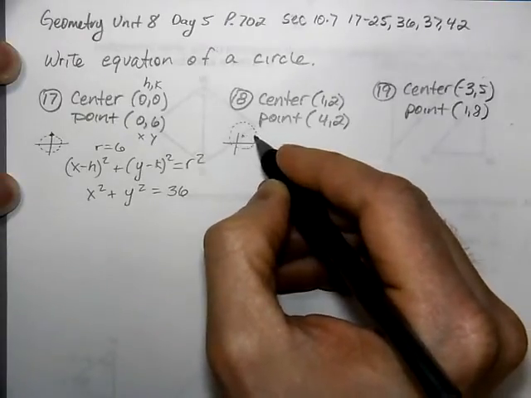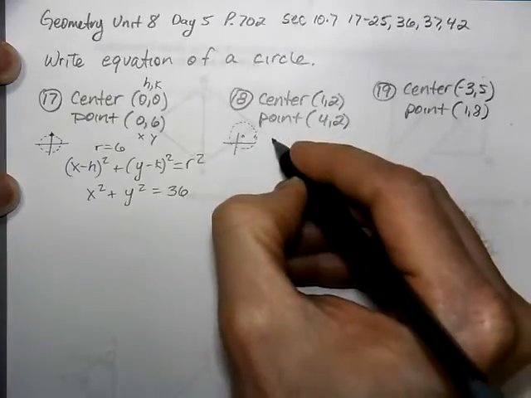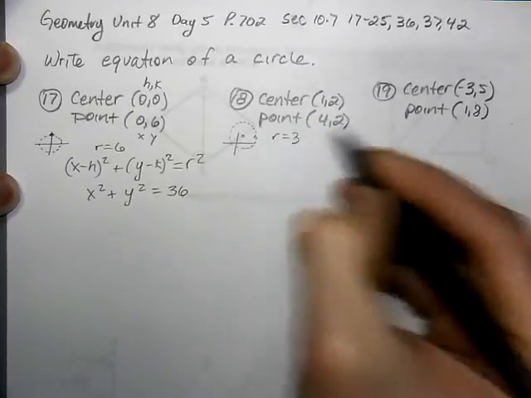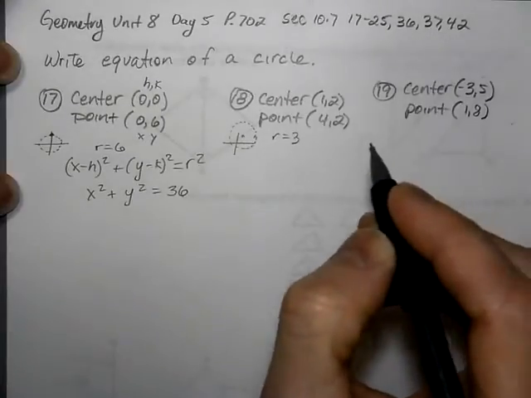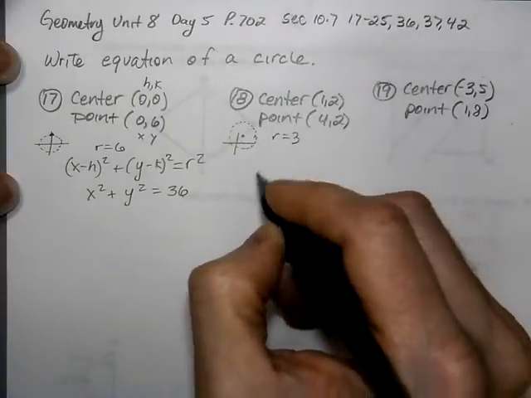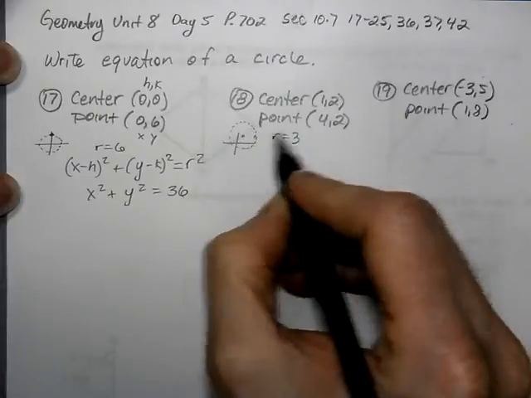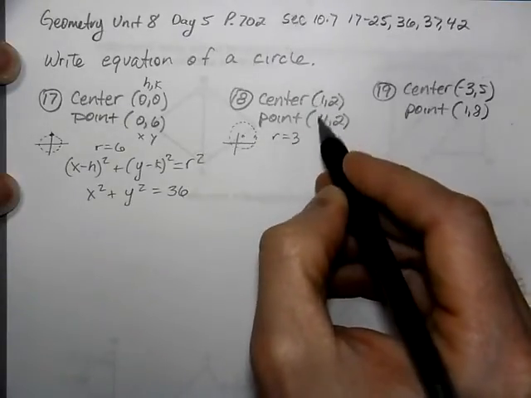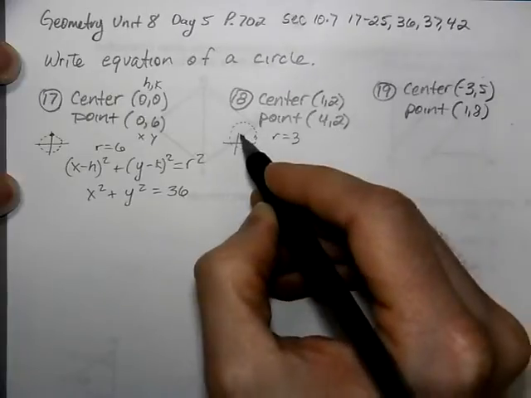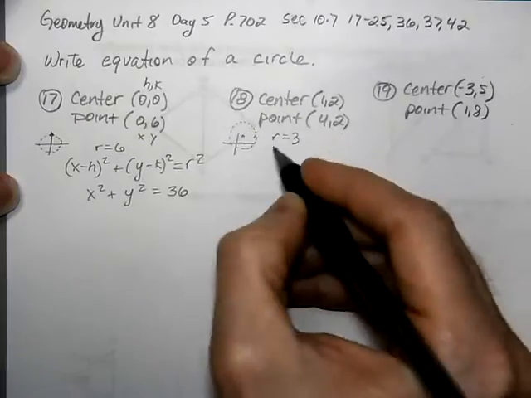So again, we can count that. That's a radius of 3. So if it has a radius of 3, then we don't have to worry about another way to figure out the radius. We can see, because it's horizontal, the y values are the same, so the x values are how far you're going.